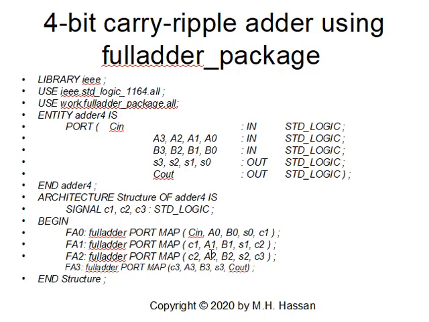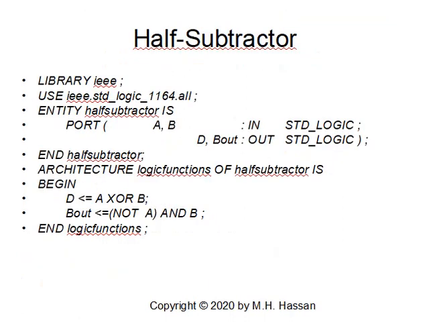Okay, C2 with A2, B2, and I have S2 and C3. C3 comes as Cn for the final full adder with A3, B3, and S3 and C out. I will end structure, and by this I have finished the program. I have finished the program, but I used the full adder package to design my 4-bit carry ripple adder.